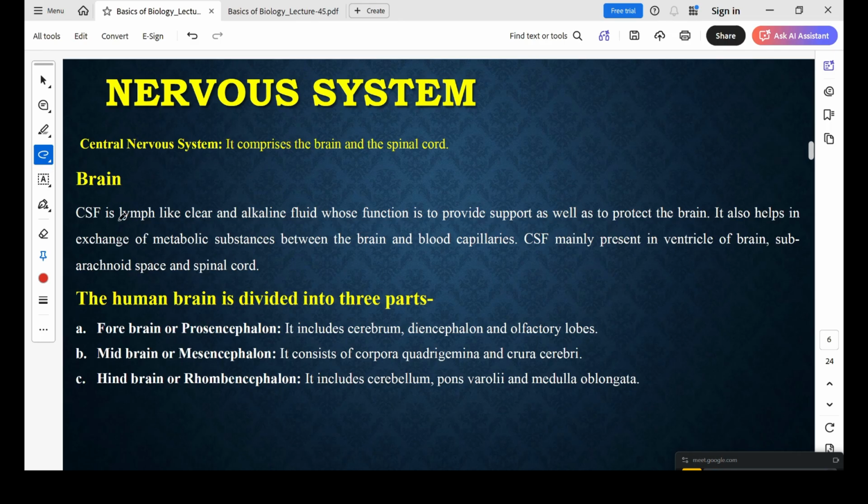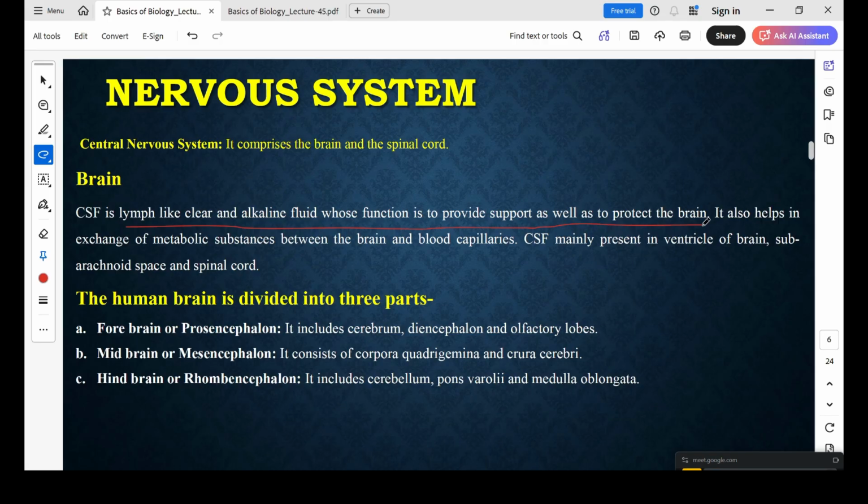The cerebrospinal fluid is lymph-like, clear, alkaline, whose function is to provide support as well as to protect the brain. There is a lot of homeostasis that goes into maintaining the cerebrospinal fluid.